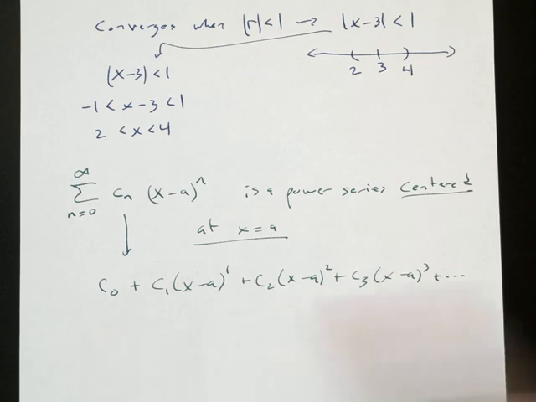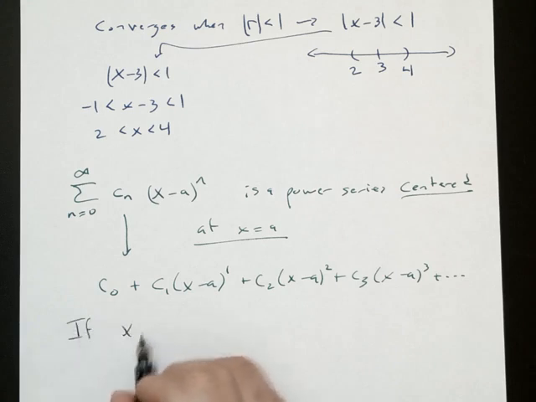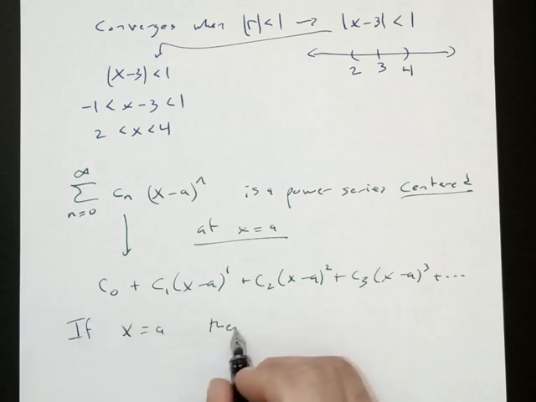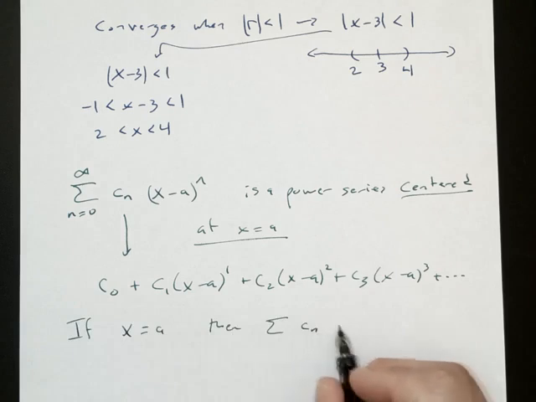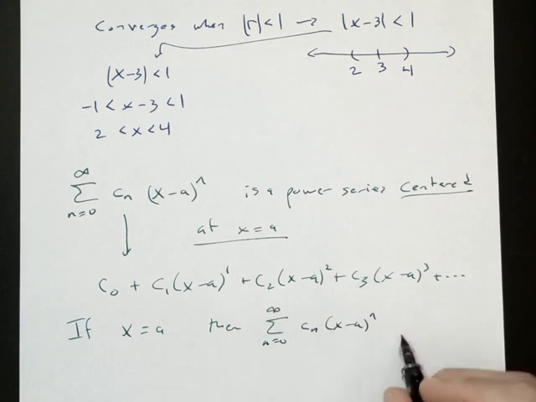Everything else would be 0, wouldn't it? Aha! If x equals a, then this entire power series equals C0. That's a finite number, which means it's guaranteed to converge there.